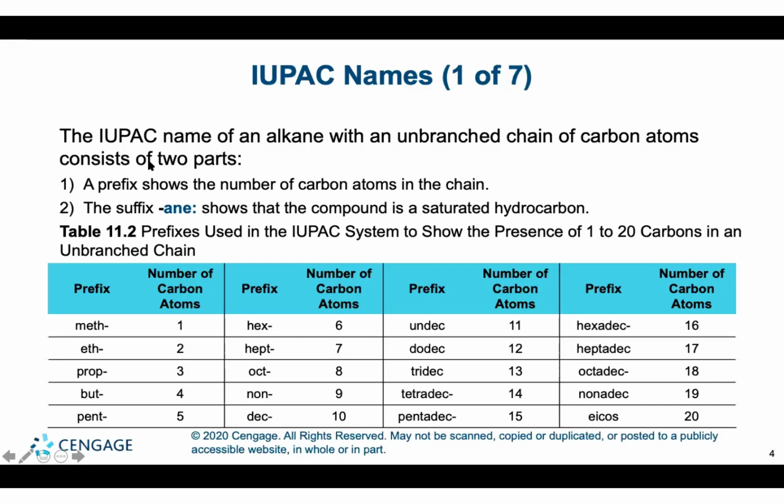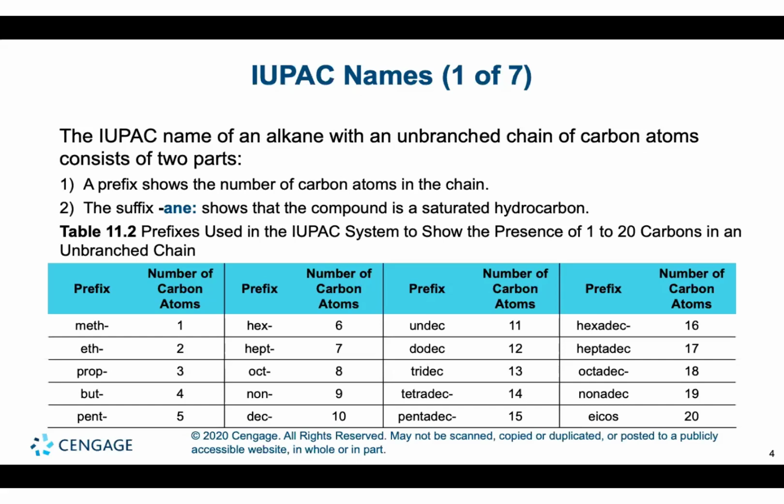In the alkanes, the important thing is that we should find the longest chain of carbon when we name alkanes. This rule, finding the longest chain of carbon, goes for all of the organic compounds.